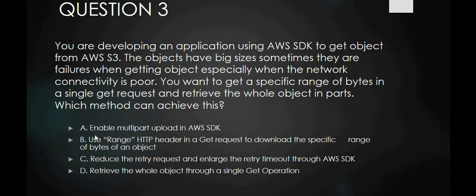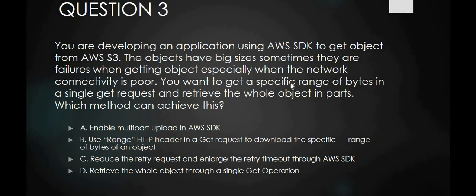So let us look at the other options. Letter C is saying reduce the retry request and enlarge the retry timeout through AWS SDK. The fact is that it just fails, and that is not what you want to achieve.